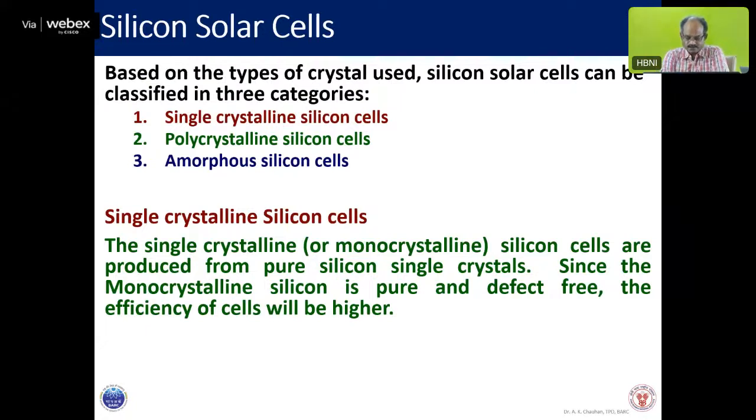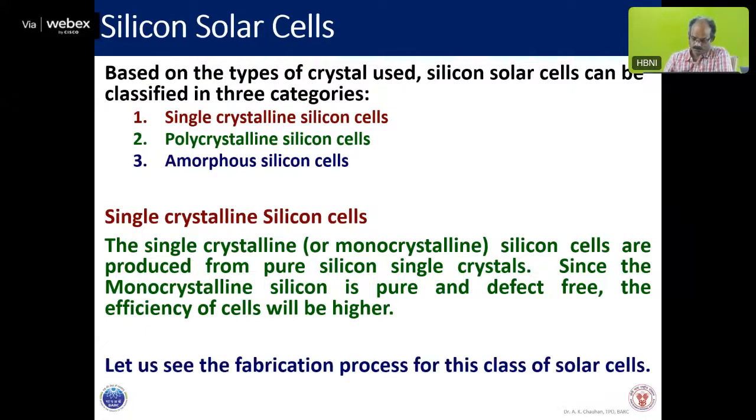Since the monocrystalline silicon is pure and defect free, the efficiency of cells will be higher. Now let us see a typical fabrication process for a monocrystalline silicon solar cell.